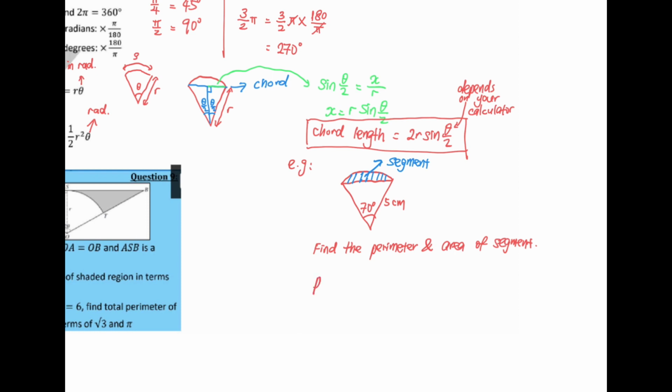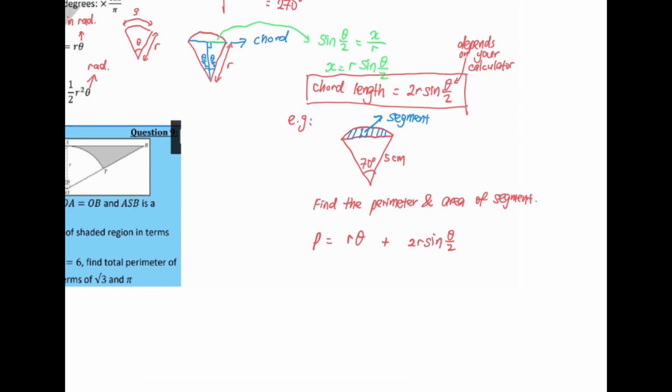Let's say perimeter. S equal to r theta. This is the arc length. Then the chord length 2r sine theta over 2. Okay, so if your calculator is in degree mode, then how you press is like this: P equal to 5. This theta you must change to radian. Must use radian, this one.